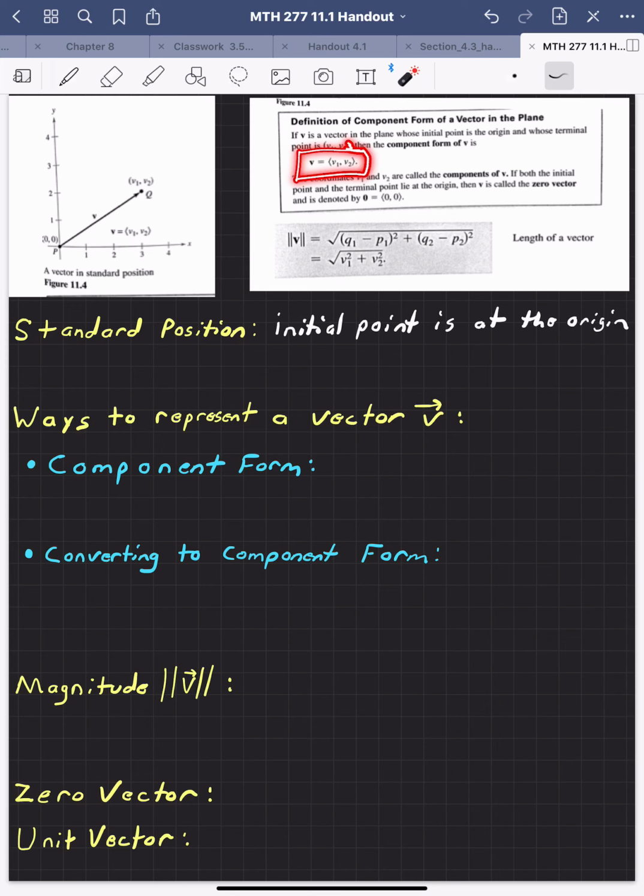If you've had any exposure to physics, you may have seen the IJ notation when discussing vectors. But another way to represent a vector is what we call the component form. Okay, but to represent a vector in component form, you must have the vector in standard position.